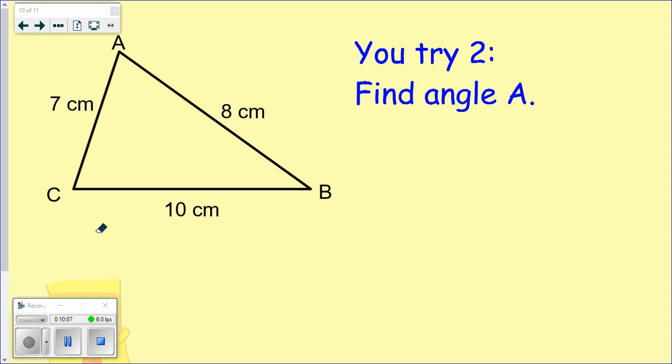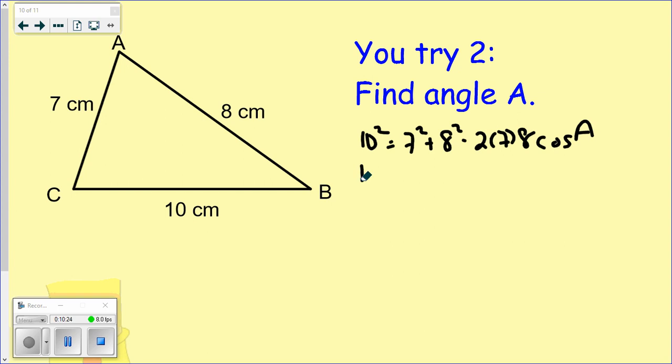All right, give it a shot. Solve for angle A. $56 times 2 is $112.